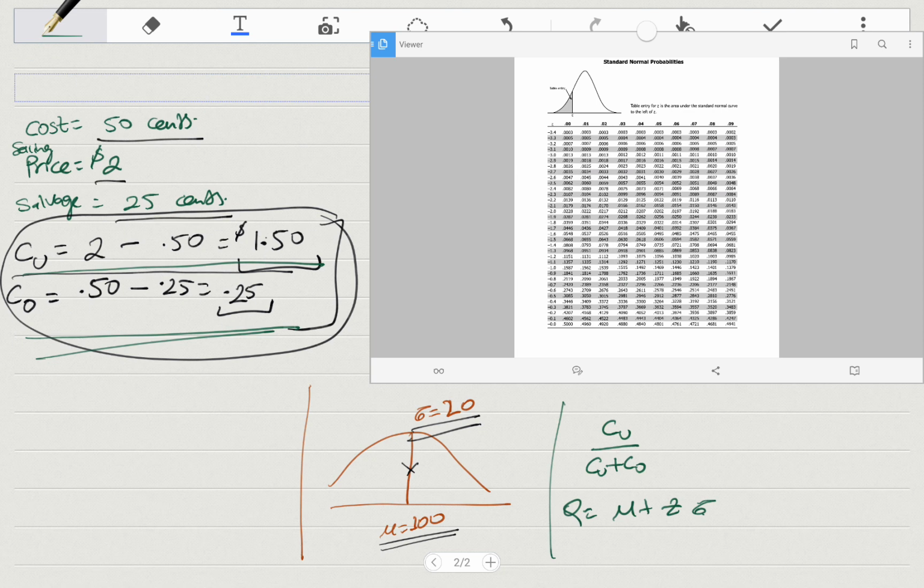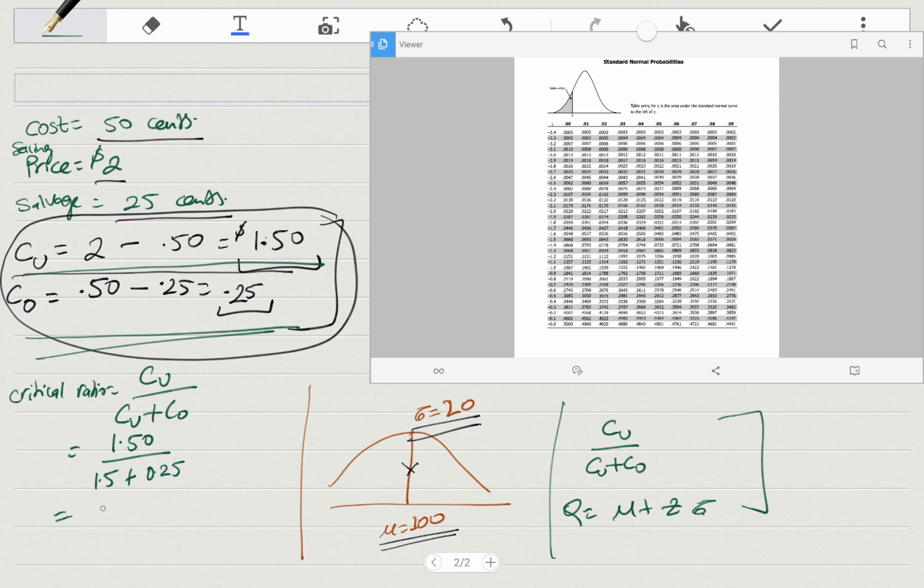Mathematically, we use these two formulas. The first one is what we call the critical ratio. The critical ratio is CU divided by CU plus CO. CU in this case is $1.50, and CO is 25 cents.